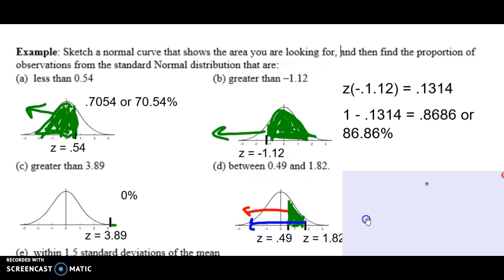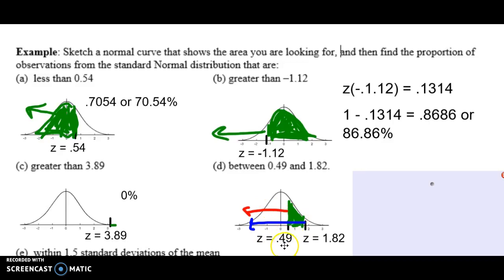In the next one, we want to know how much area is between a half a standard deviation and 1.82 standard deviations. So what we're going to have to do on this one is we're going to have to figure out how much is left of 1.82, how much is left of 0.49 standard deviations, subtract the red from the blue, and that'll leave us with the green area there.